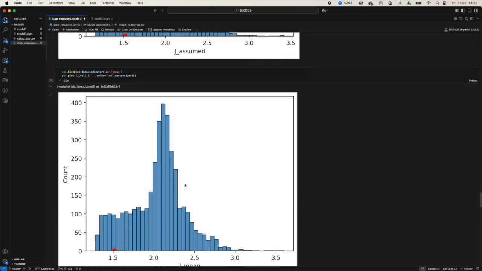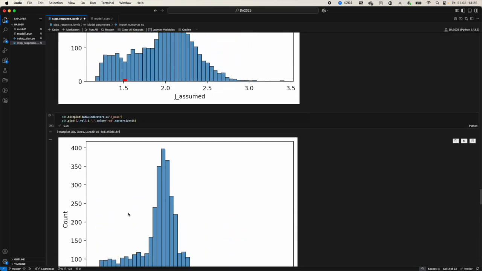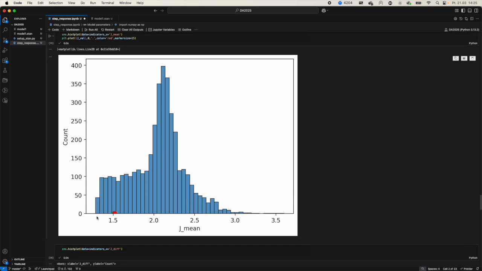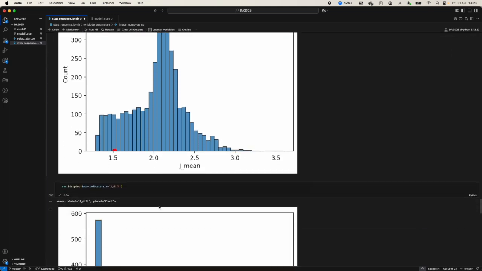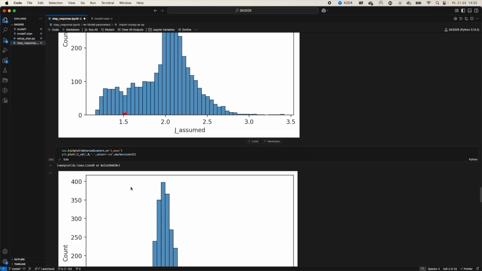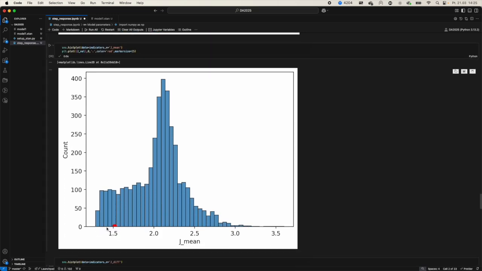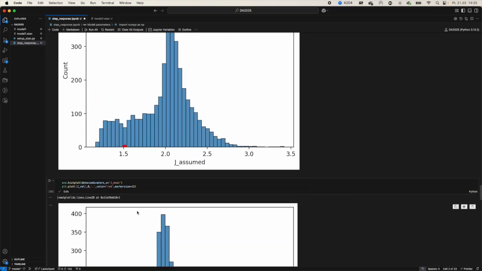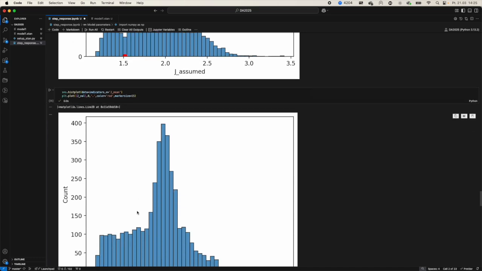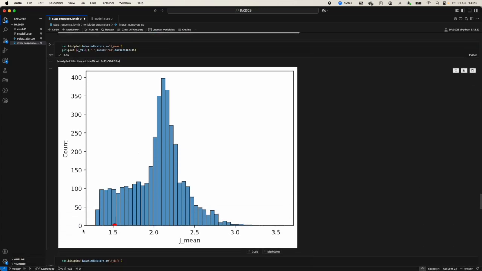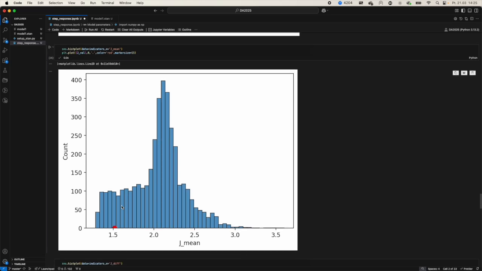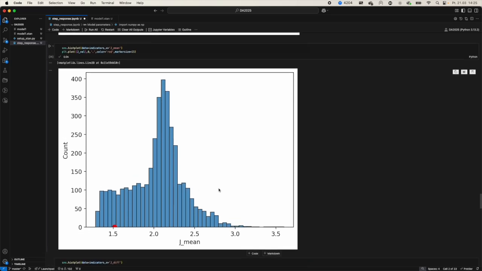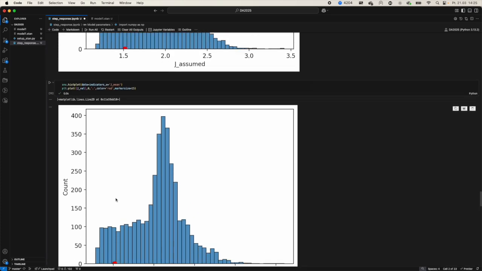If we use the mean, the change is not dramatic, but we can still see that there is a certain shift here of possible gains. Here it's a bit closer to this side, because there are different axes here. It starts a bit more to the left. So using the mean introduces some cost, but not that much.